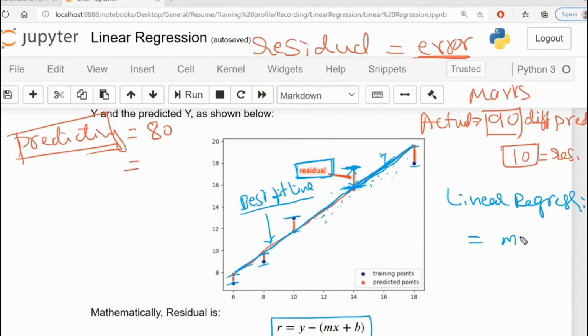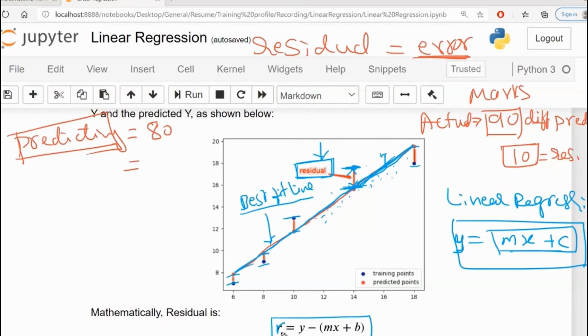We know that linear regression is simply mx plus c. So we know this term. Here we are trying to predict y, and in order to predict y we use mx plus c. If I want to figure out the residual, here is the formula.